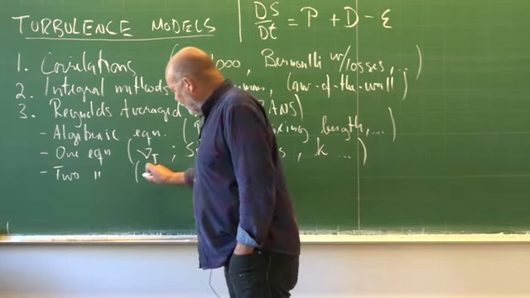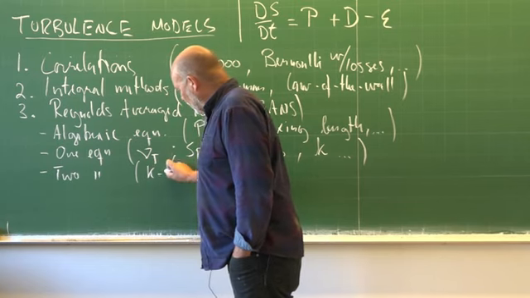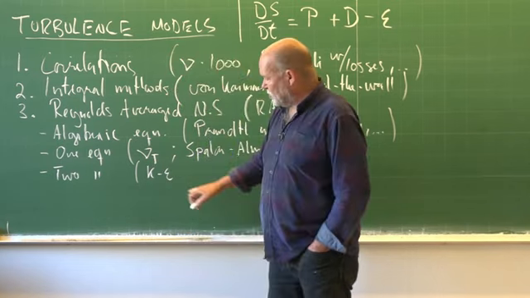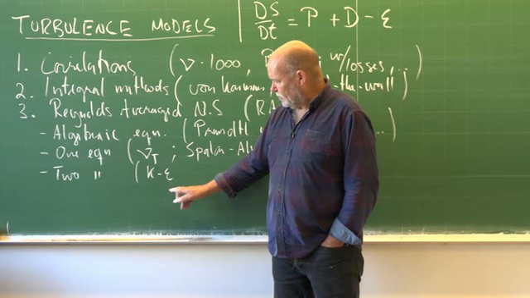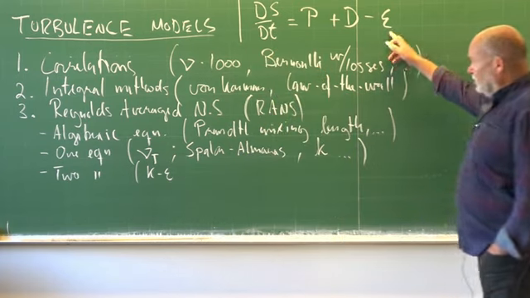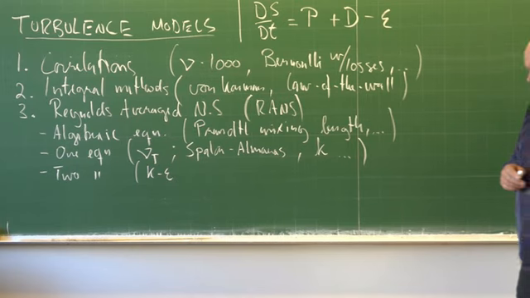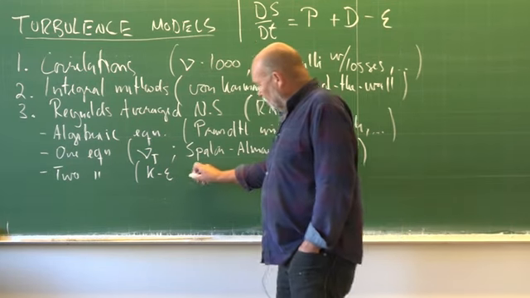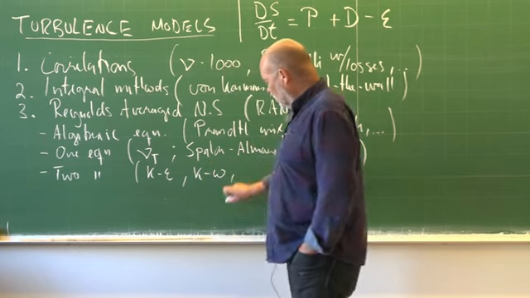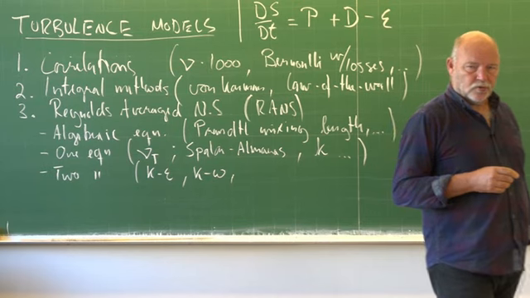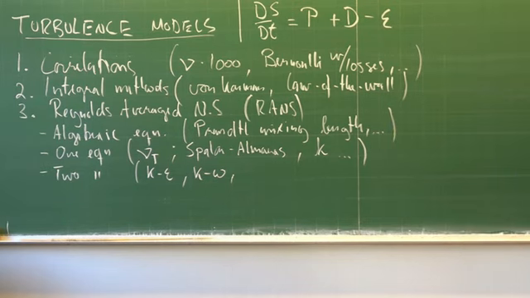You have the K-epsilon, so you have two different transport equations, one for the kinetic energy and one for the dissipation of turbulence. Another one is called K-omega, also a very famous one. K-epsilon is maybe the most famous.